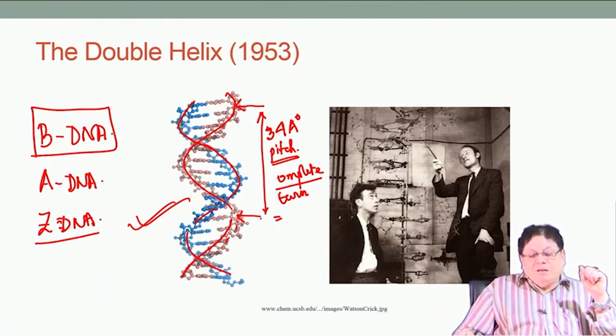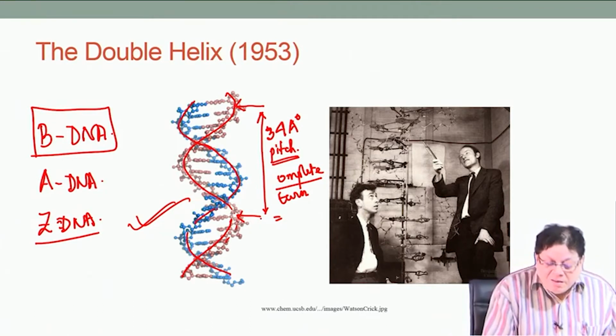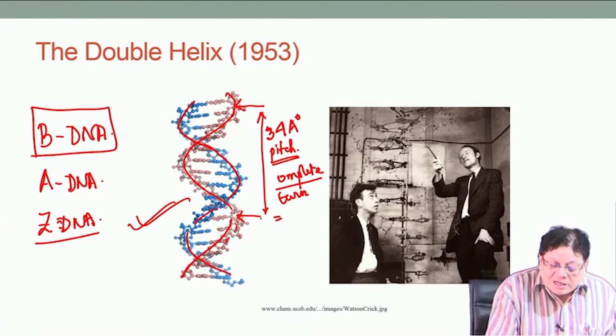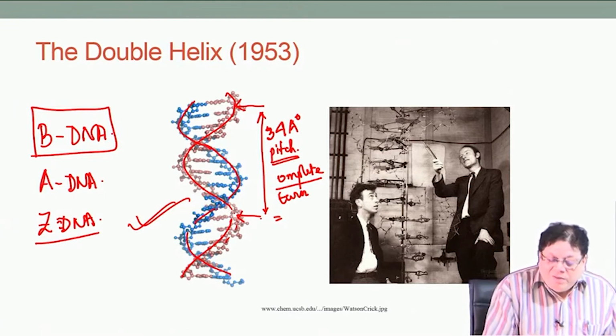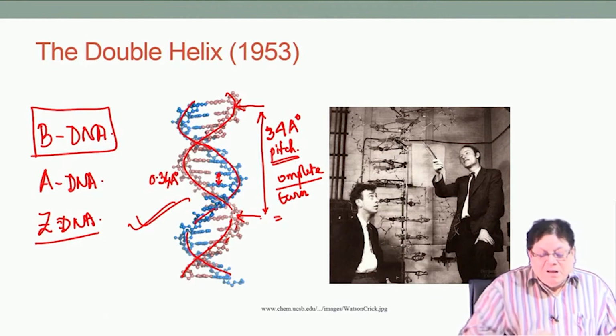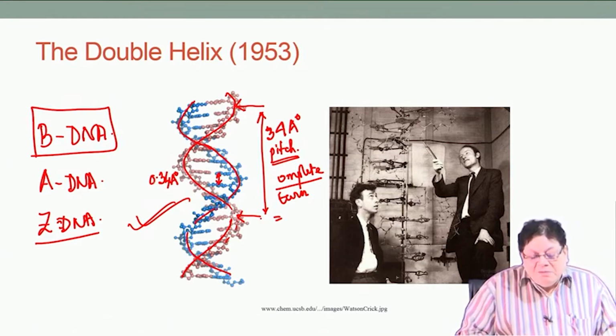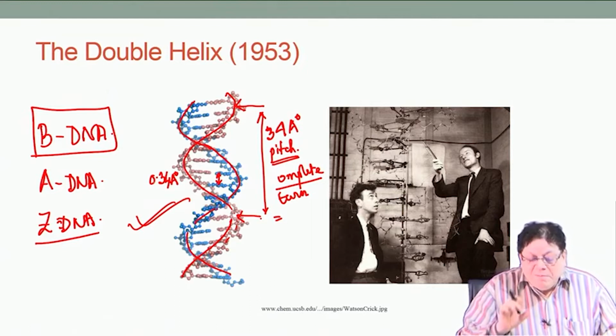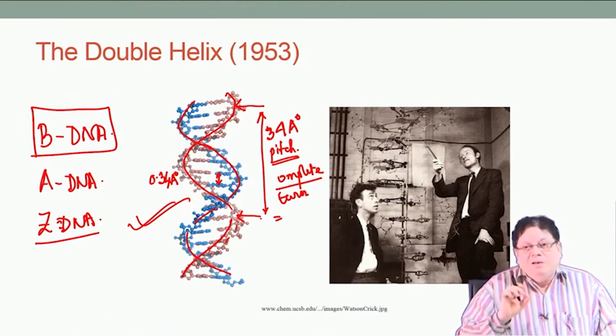And then from one base pair, if you go to the next base pair, that is actually 0.34 angstrom. Okay. So, if that be the case, how many base pairs are there in one complete turn?